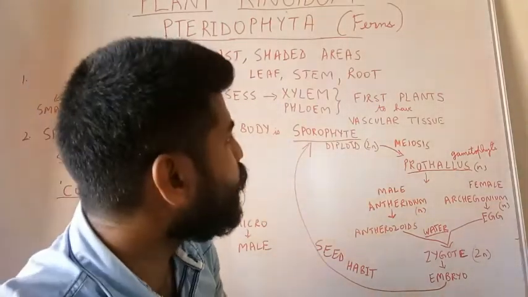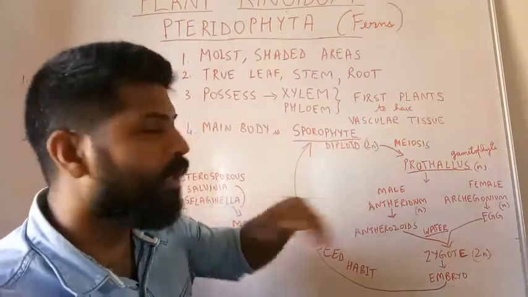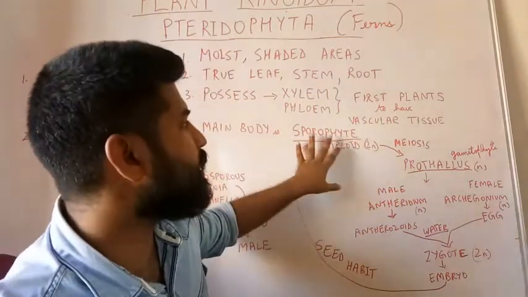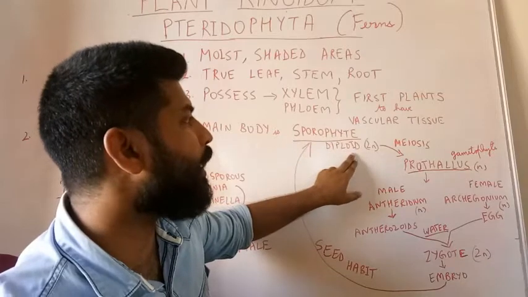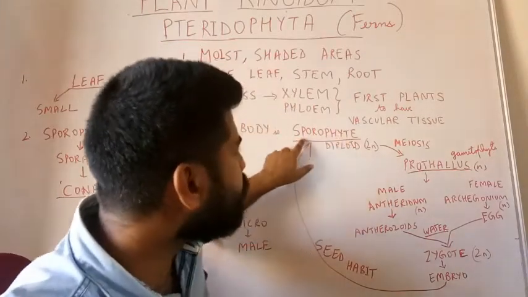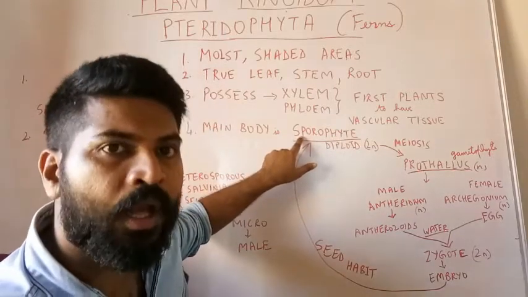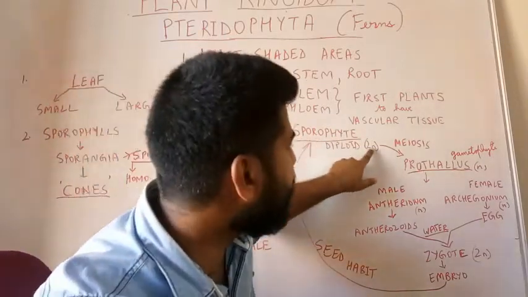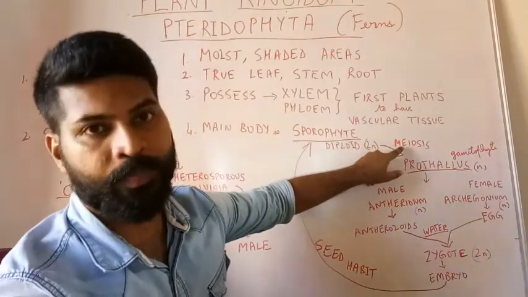As I told you, the main plant body what we see is a sporophyte. It is diploid in condition. Sporophyte, body that produces spores. How will it produce a spore? It undergoes meiosis.